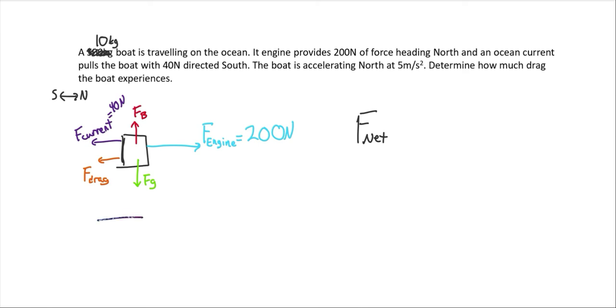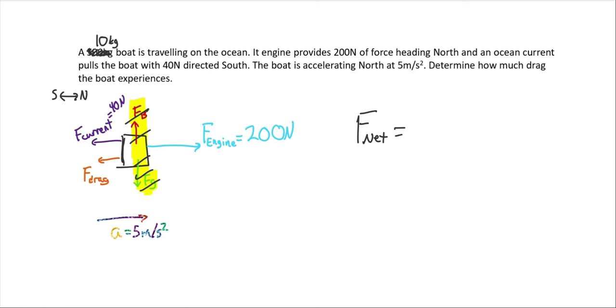Well, the boat accelerates to the north at 5 meters per second squared. So that means the direction is north-south. Those are the parallel directions. Anything perpendicular, like up-down here, is going to balance, and we kind of get to ignore it when we're talking about our net force equation.